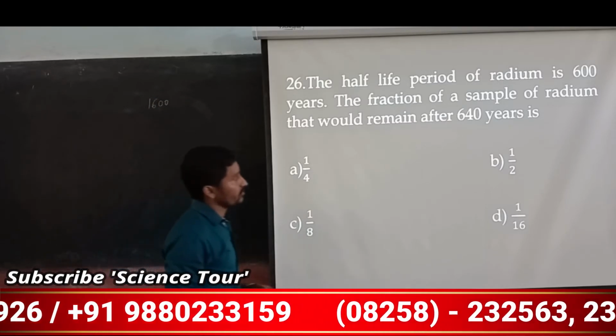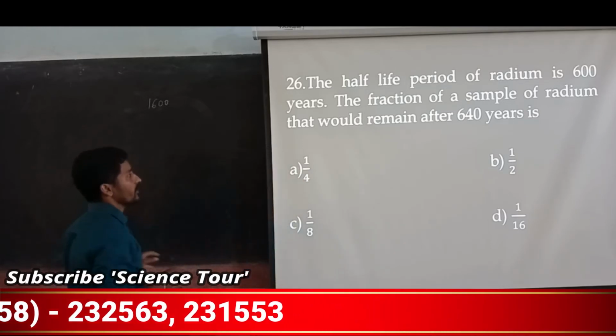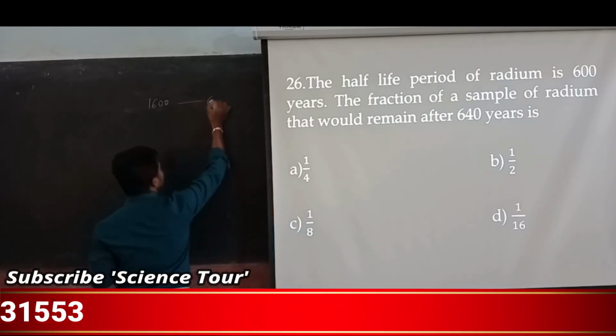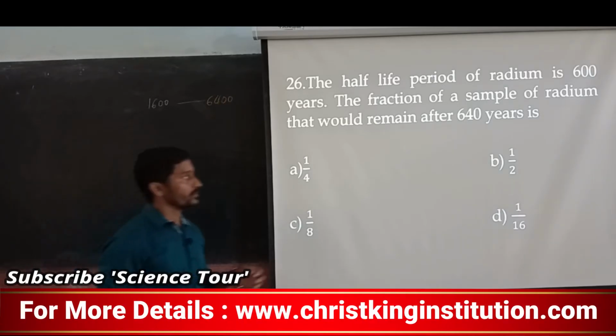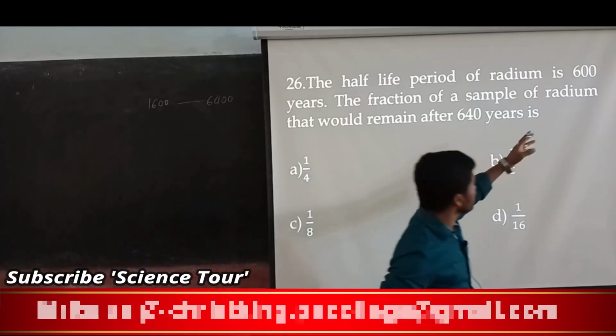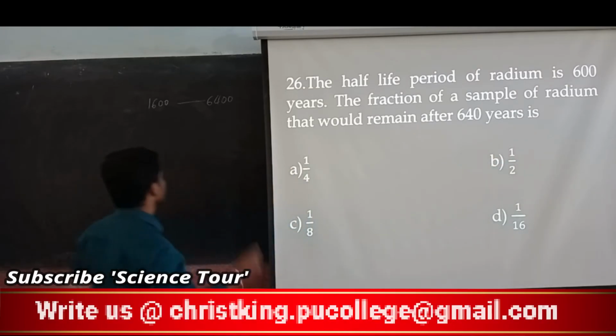The fraction of the sample of radium that would remain after 6400 years. So just to make it proper, some mistake is there. So it's 1600 and 6400 years.